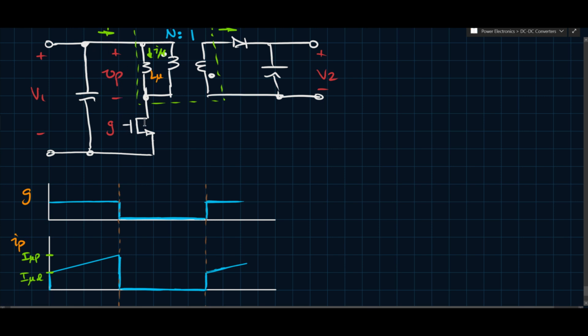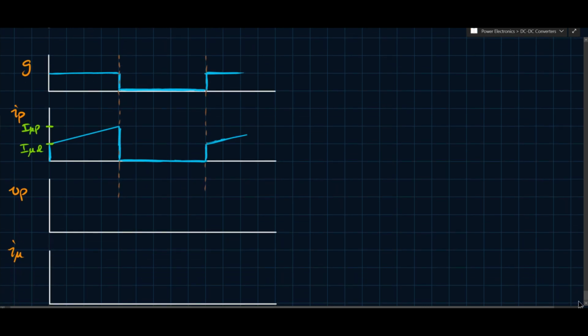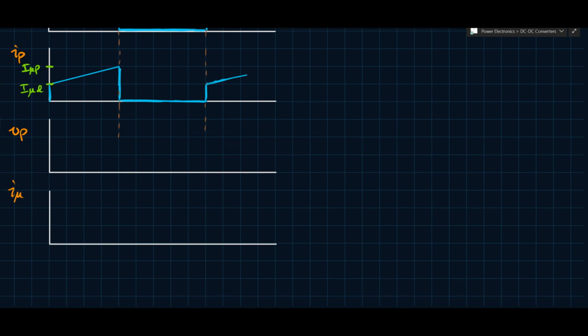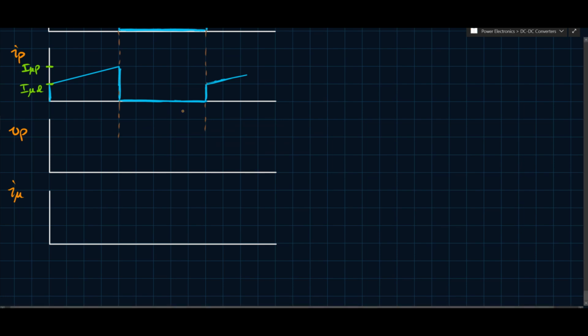So if this is on, then Vp equals V1. If this is open, you don't know what the voltage drop here is, and you can't really make a conclusive statement about what Vp is equal to. Well, you can, but we'll look at that after. So when the transistor is on, Vp ends up being V1. Okay, so let's draw V1 like this.